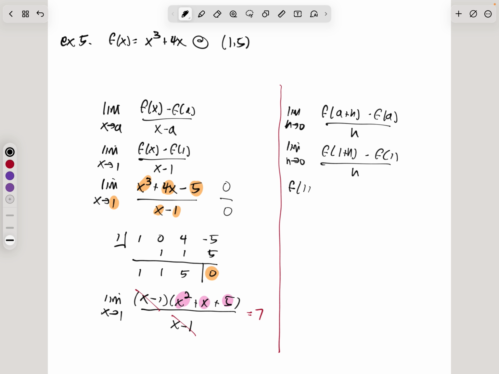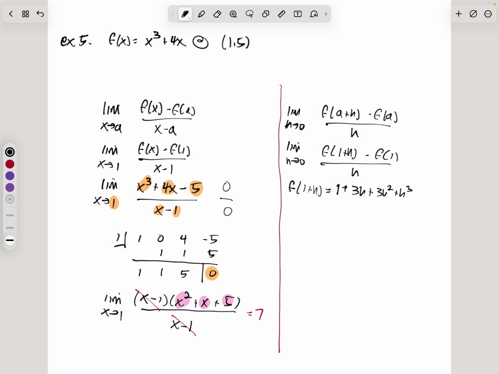f of 1 plus h equals, I'm going to do a shortcut. I know it's 1 to the third plus, I think it's 3h squared plus 3h plus, wait a minute, it's 1 plus 3h plus 3h squared plus h to the third.